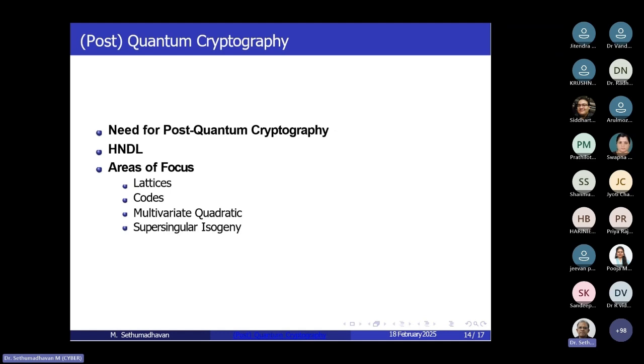Generally, these are the four paradigms where post-quantum crypto systems have developed. All are maths: lattices based on lattice theory, codes based on coding theory, multivariates computational. Supersingular isogeny is based on spherical geometry. So people developed many crypto systems based on these. Nothing new.